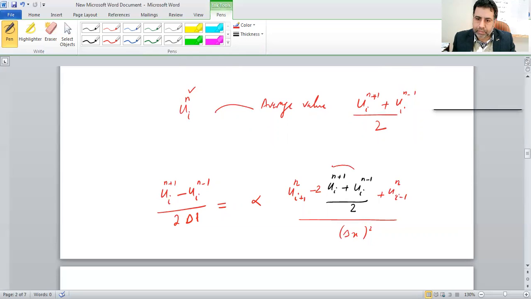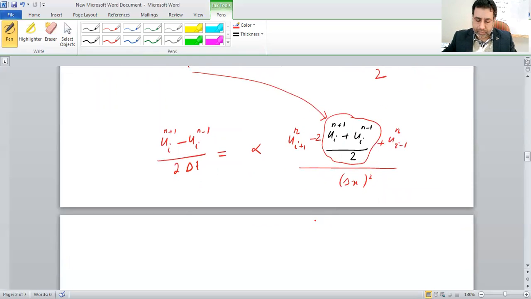So we have replaced the term u_i^n as the average of the two time levels, u_i^{n+1} and u_i^{n-1}.